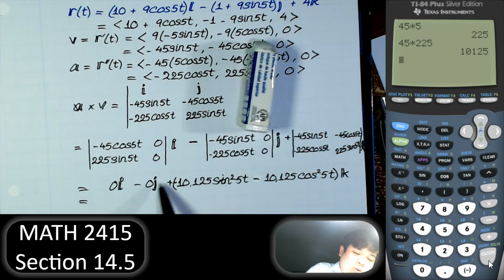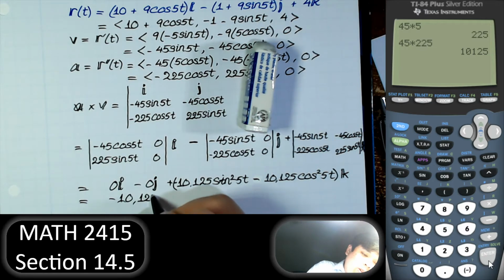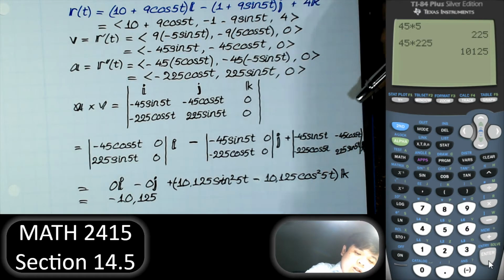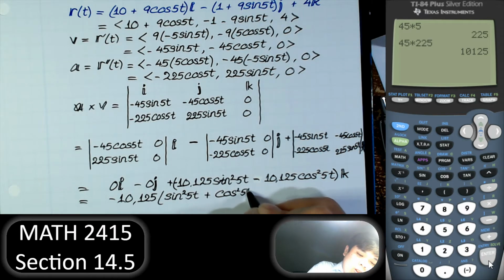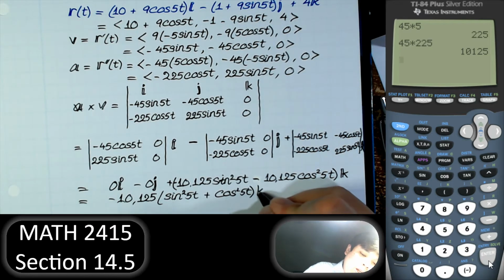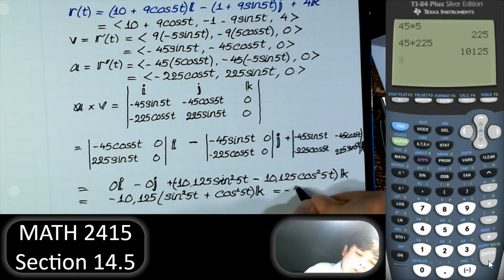So with 0, 0, we don't even need to write this. Factor out the negative 10,125 sine square plus cosine square times k, and because that's 1, we just have negative 10,125 k.